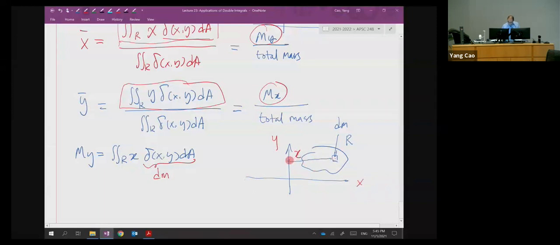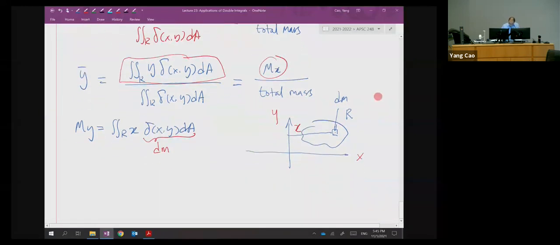That distance to the y-axis is represented by the x coordinate. So the integral here, what you're doing is using x times the dm. Let's call this a delta m, so you're using delta m times x. That's what the integral is doing here.